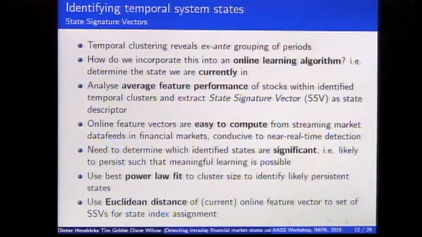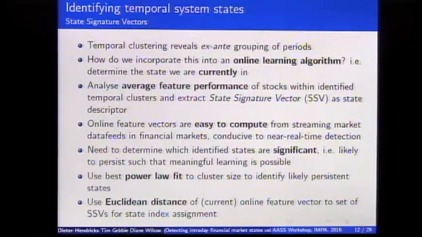We associate those state signature vectors with each of the states. Then online, we measure that vector of market attributes and match it to our set of state signature vectors. That way we can detect which state we're in.